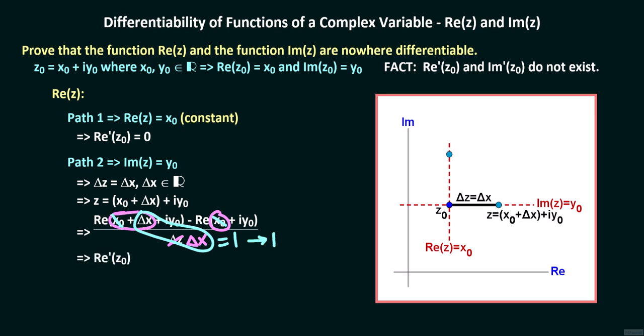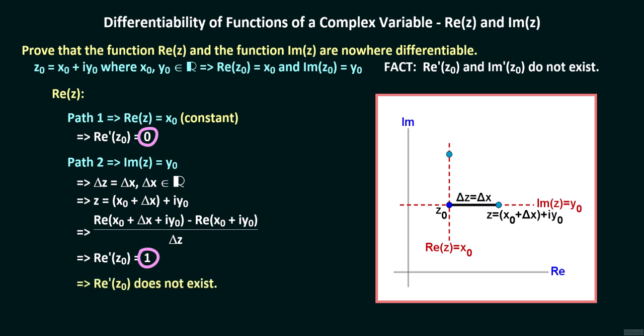Therefore, the derivative of the real part function along this path is 1 this time. This is different from the derivative value of 0 that we found for the first path. Two different values for Re prime of z sub 0 along two different paths means that the derivative of the real part function does not exist for any complex number.